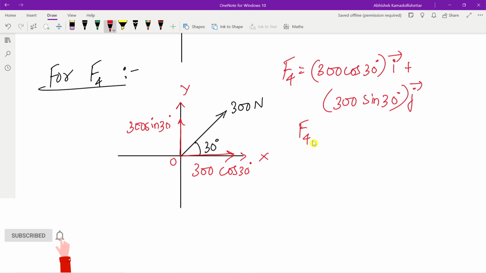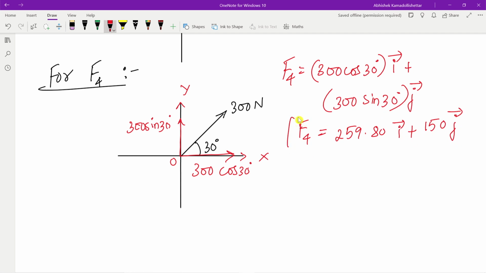So the force F4 is 300 into cos 30, that would give me 259.80 into vector i plus 150 into vector j. Okay, so this is the force F4.